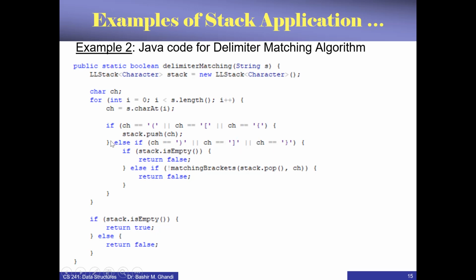Actually this program is only taking care of the brackets, it doesn't worry about the comments or the strings. If it is any of the closing brackets, then we know that we should not encounter a closing bracket while the stack is empty. So the first thing to check is if the stack is empty at this point, then return false immediately, because you cannot have a closing bracket while the stack is empty.